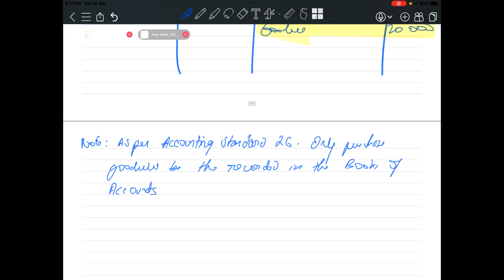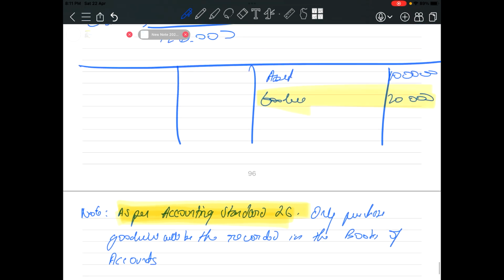So what does this accounting standard say? Accounting standard 26. You will learn this when you join CA. Only purchased goodwill will be recorded in the books of accounts.